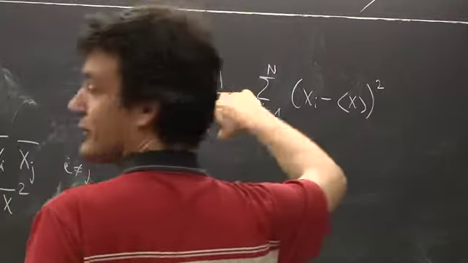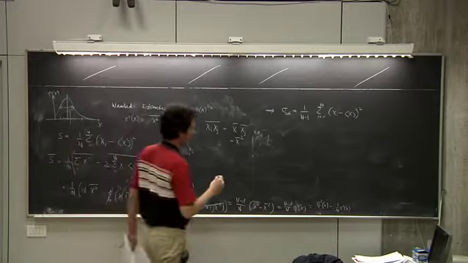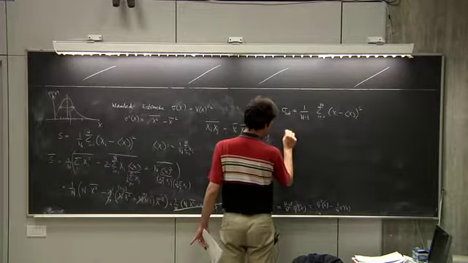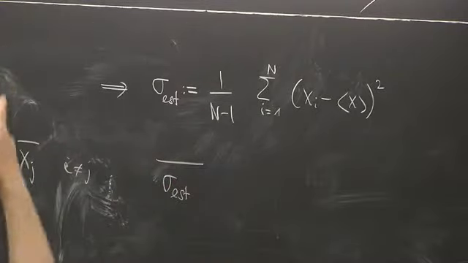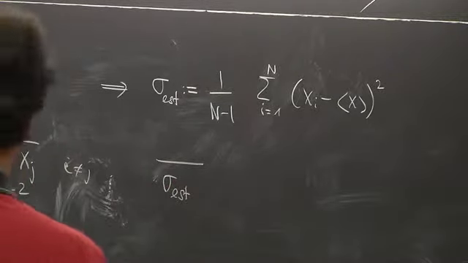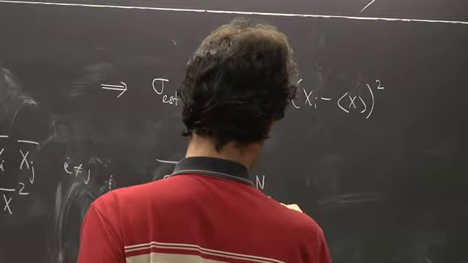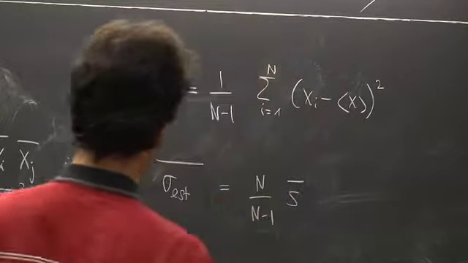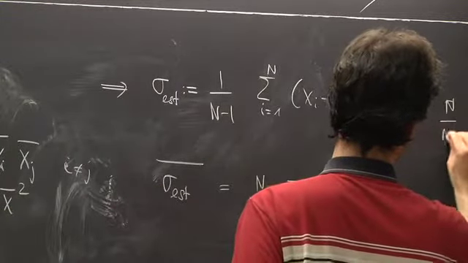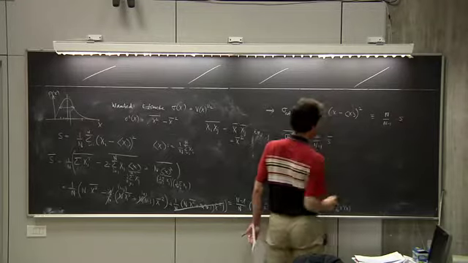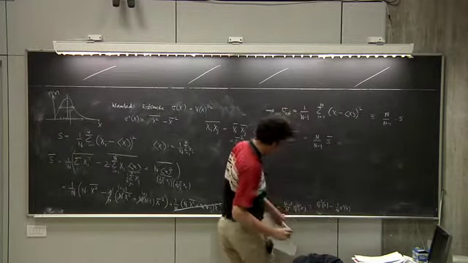So this is a good estimator for the true variance, namely because if we calculate the expectation value of this quantity, it's just n over n minus 1 times the expectation value of s. And that we just calculated to have this value.